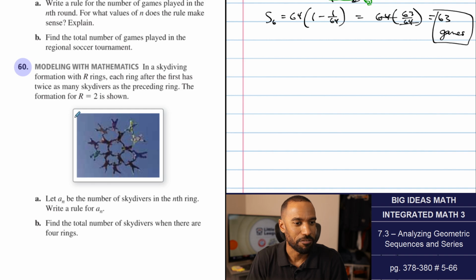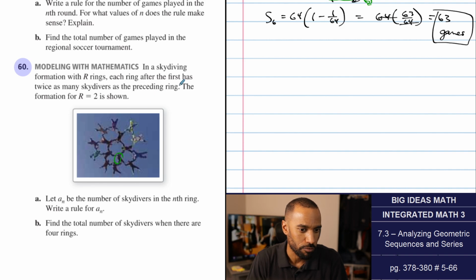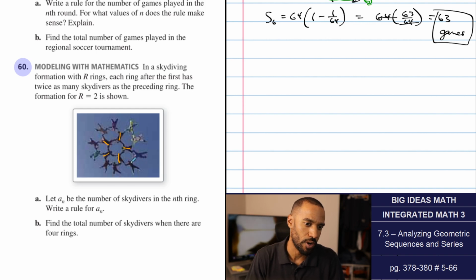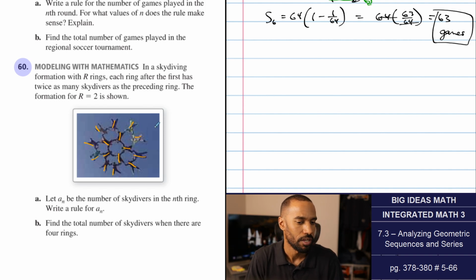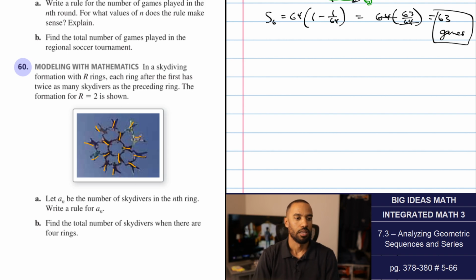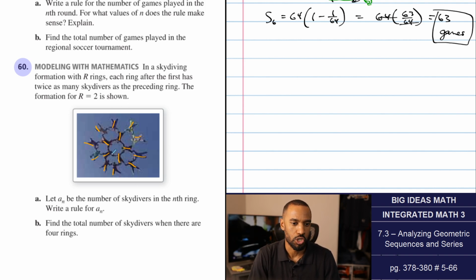So each ring after the first has twice as many skydivers as the preceding ring. So I have a ring of 1, 2, 3, 4, 5 skydivers, and when you attach them, the next would have 1, 2, 3, 4, 5, 6, 7, 8, 9, 10. This tracks. Okay. The formation for R equals 2 is shown. Yeah, here's ring 1, and here's ring 2.